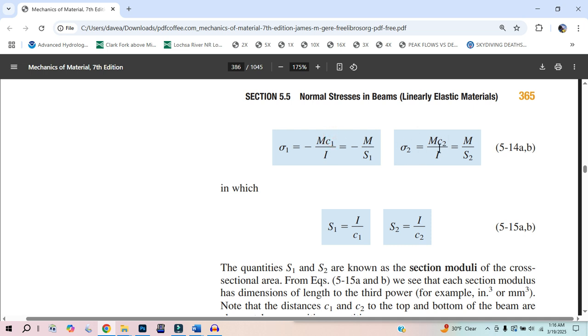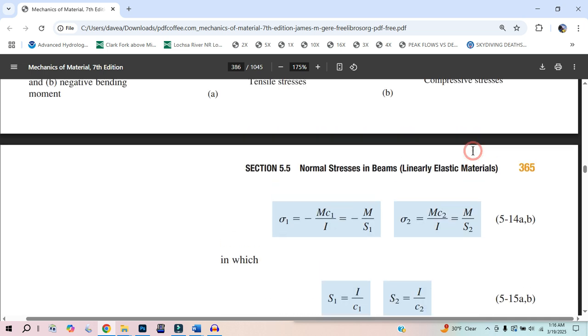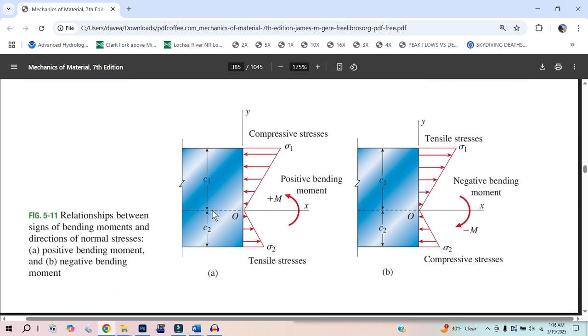And then this is the negative direction. So we have negative minus C2. Those negatives cancel and I get C2 divided by I. That's going to be S. So again, if I'm starting here, my y, this is negative C2. I think that's kind of difficult to see, but I throw a negative C2 into that equation.